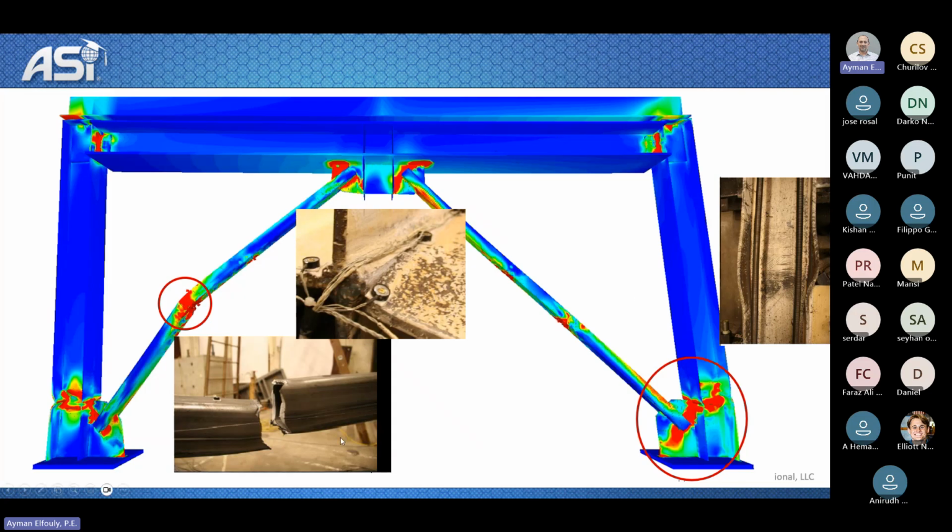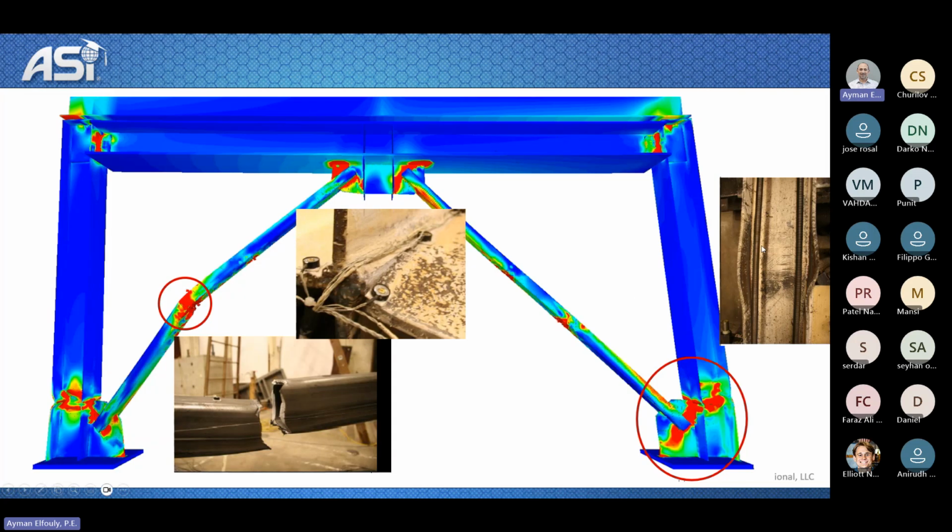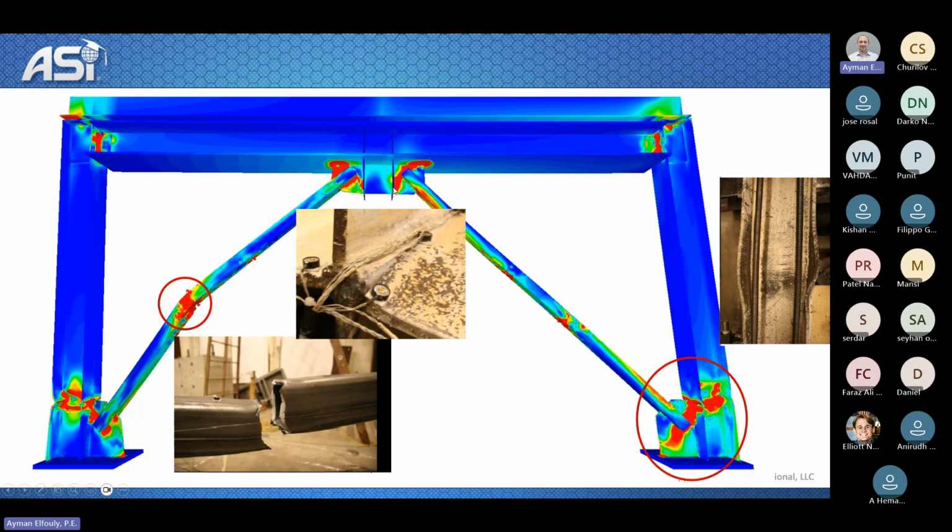We see here also screenshots comparing the actual failure and the actual deformations happening in the experiment. So we see here the buckling that happened in the flanges of the column. We see here the cracking that happened at the gusset plate here. And we see the fracture that happened at the bracing that we see here inside the ELS model.